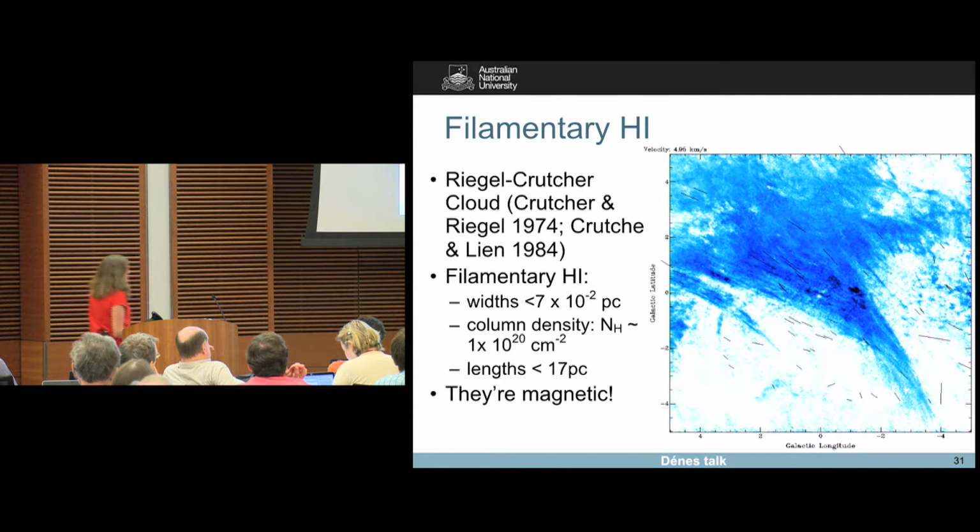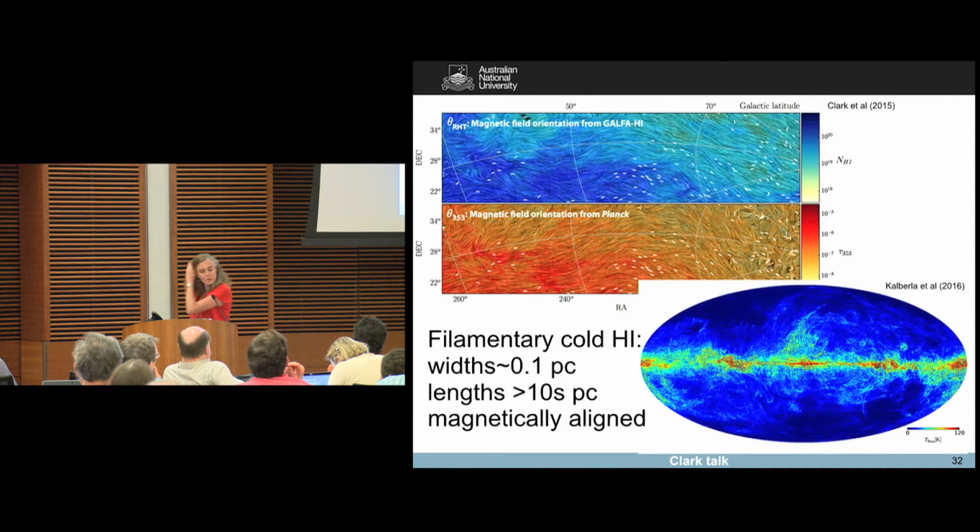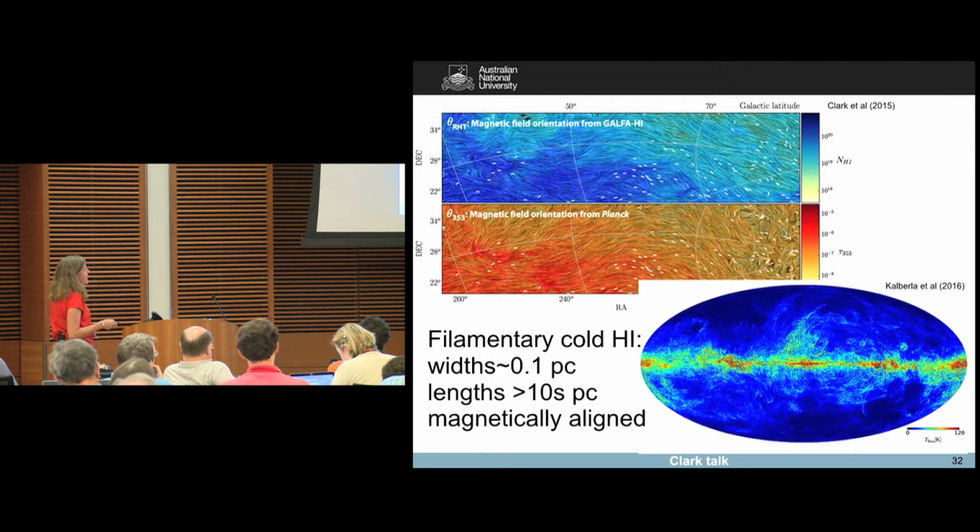Now this type of idea has been carried out much more extensively recently, and we'll be hearing more about this in Susan Clark's talk, where they're looking at fibers in the H1 distribution and those being aligned with magnetic fields as traced by Planck data. So that's what we're looking at up here. This is GALFA-H1, and you see this wonderful fibrous structure, and then the magnetic fields aligned along with it.